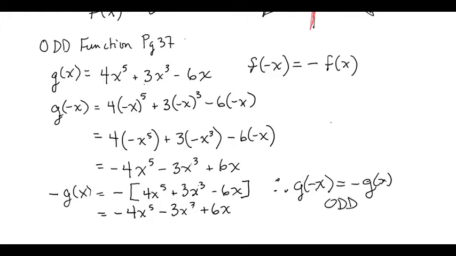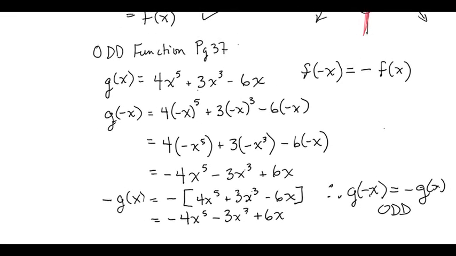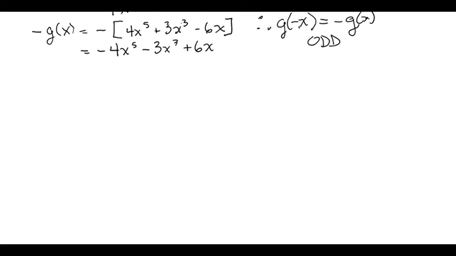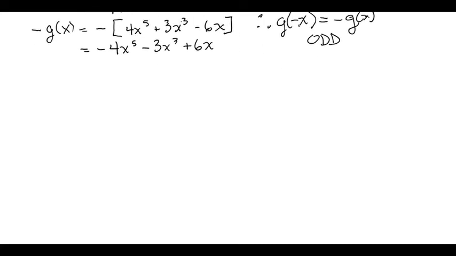So it fits two parts of the actual definition. I'm going to slide that all up so I can use a little bit more space here. The last part of the definition is that an odd function is rotationally symmetric about the origin. We talked about rotational symmetry already. This is like a cubic function.